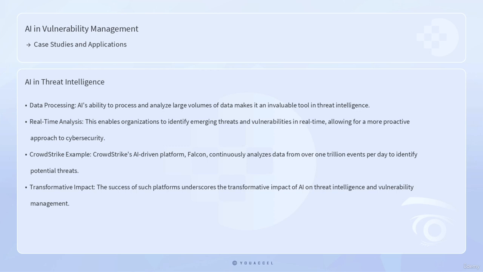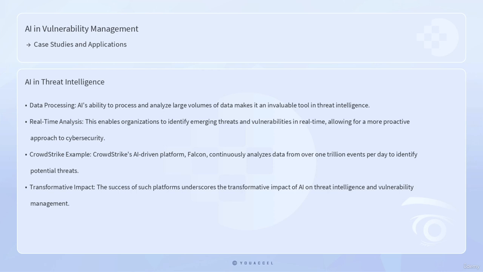Moreover, AI's ability to process and analyze large volumes of data makes it an invaluable tool in threat intelligence. AI systems can aggregate and correlate data from multiple sources, providing a comprehensive view of the threat landscape. This enables organizations to identify emerging threats and vulnerabilities in real time, allowing for a more proactive approach to cybersecurity. A notable example is the use of AI by the cybersecurity firm CrowdStrike.